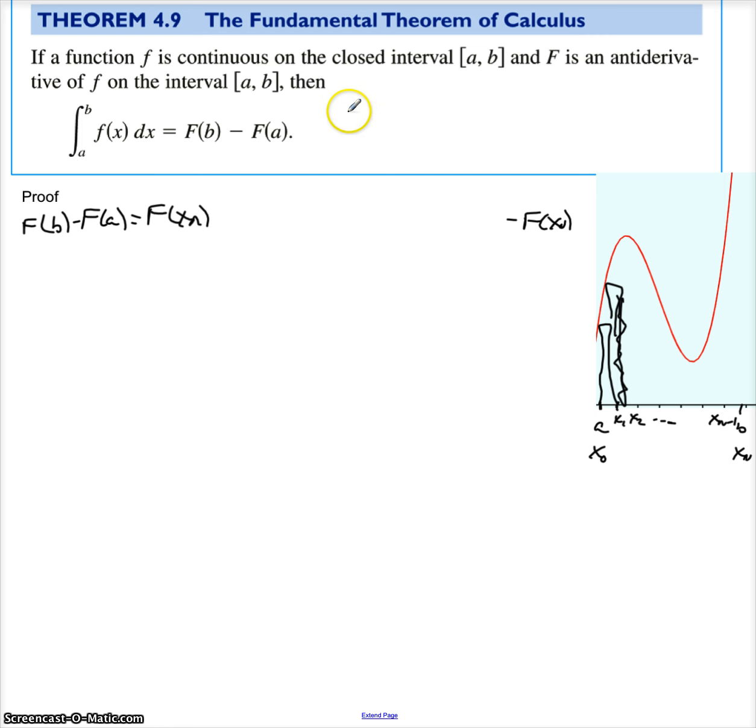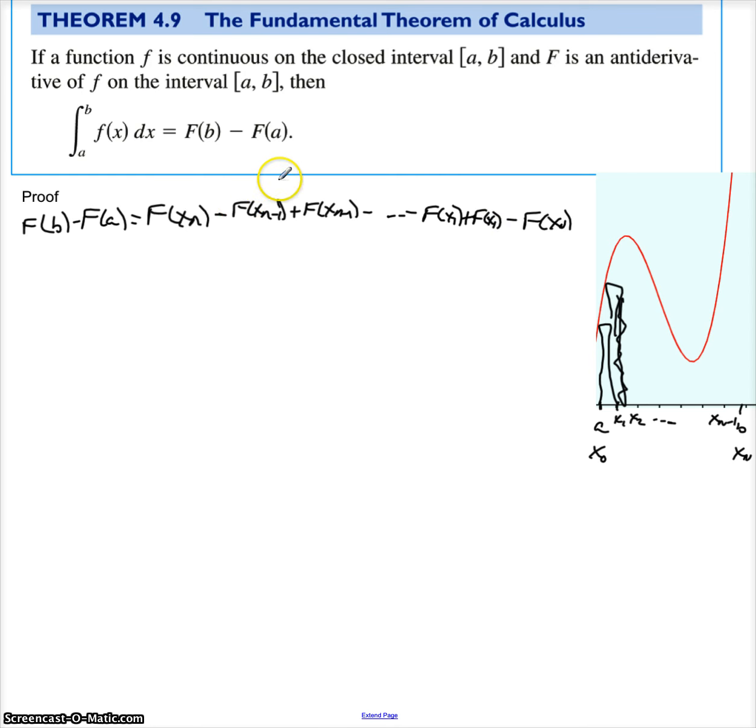But now, what if I keep adding 0? And by adding 0, I'm going to add a specific 0. So what if I subtract f of x n minus 1, and then add it back, etc. And I'm going to keep doing that until I'm subtracting f at x1 and adding f at x1.